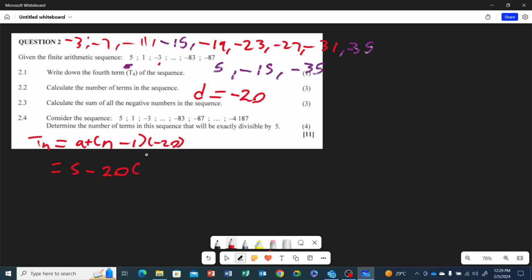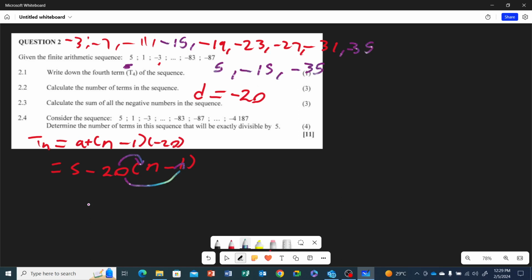Now we simplify your equation. You need to simplify, so this multiplied into that, this multiplied into that. So we will have 5 minus 20n, negative 20 times negative 1 is positive 20.